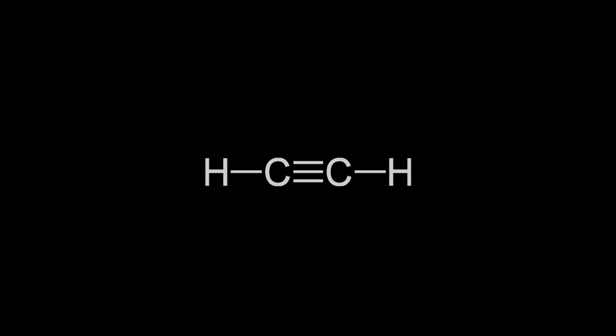Okay, so in this case we have ethyne, which is an alkyne. And now let's look over here. So carbon and hydrogen have a single bond and a single bond. So that's actually a sigma and a sigma. And then these two carbons have one single bond, which is again a sigma, but they have two more bonds formed between them.